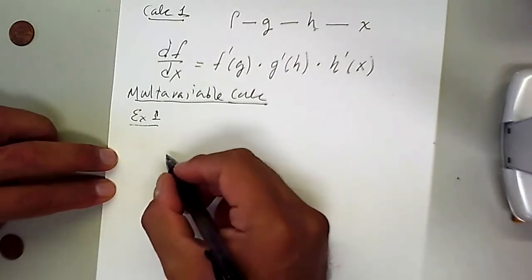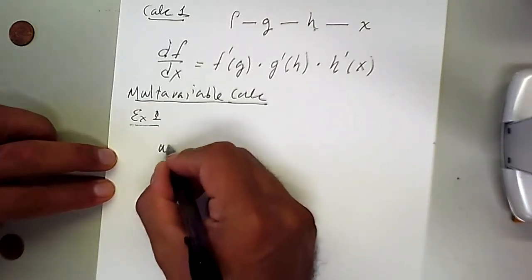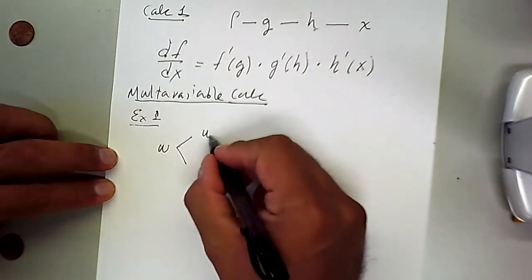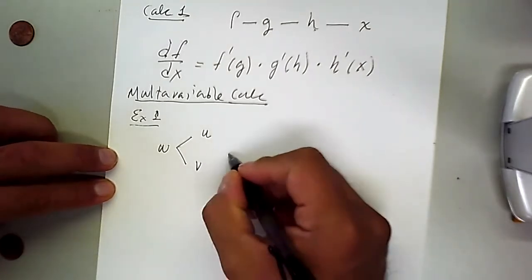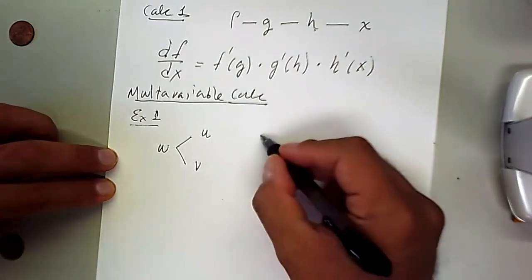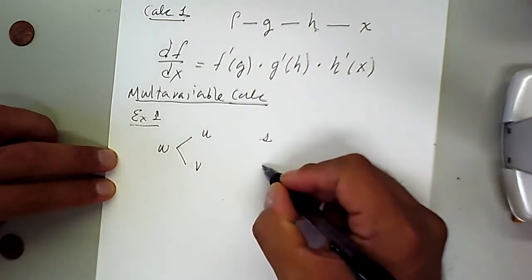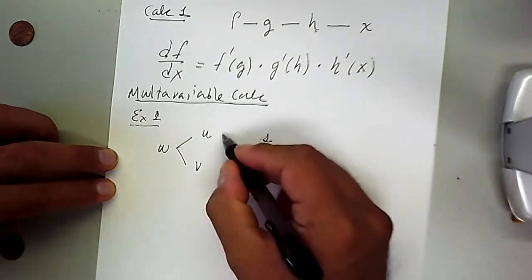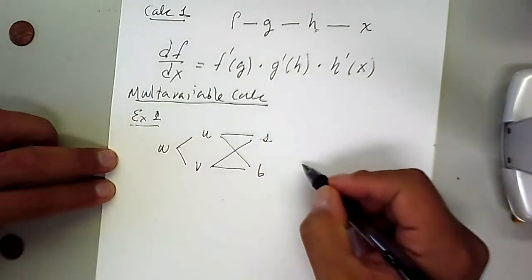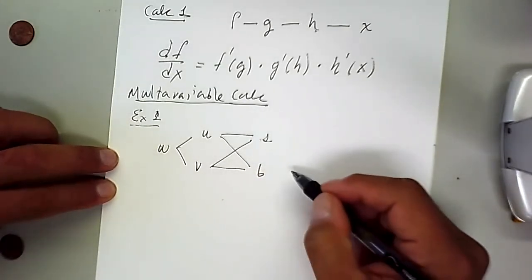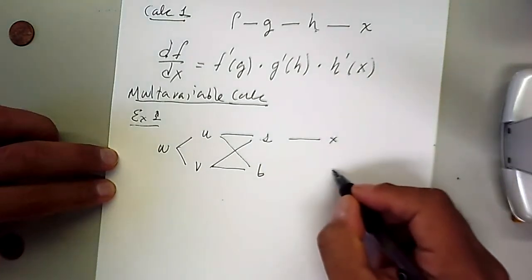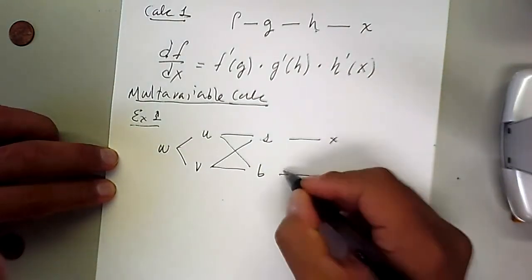So let's say you have a function w that relies on two functions or two outputs, u and v. In turn, u and v rely on s and t, each one of them. In turn, s and t rely on the value of x and y, each one of them.